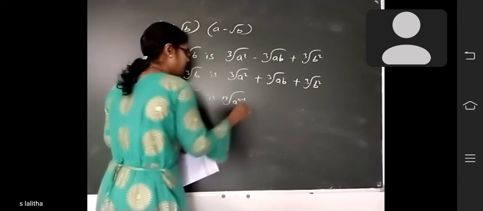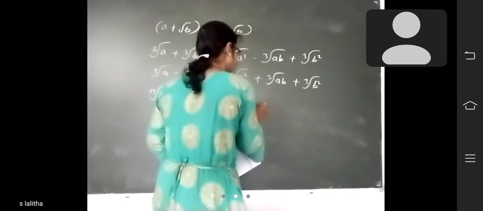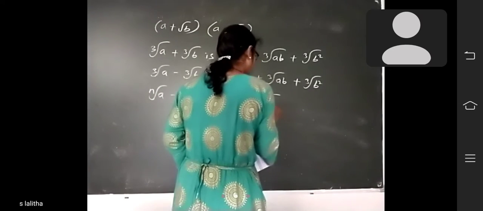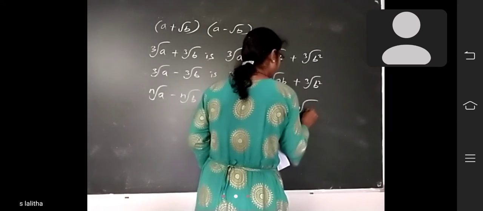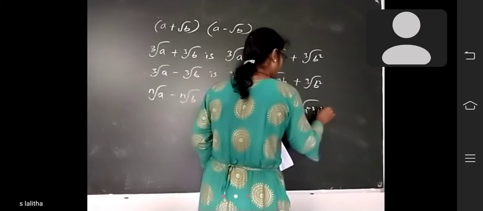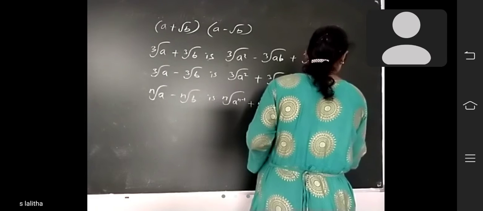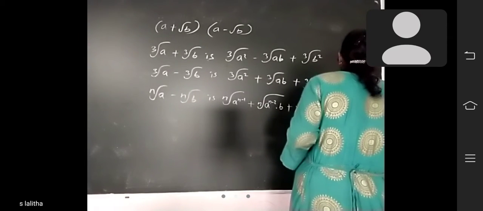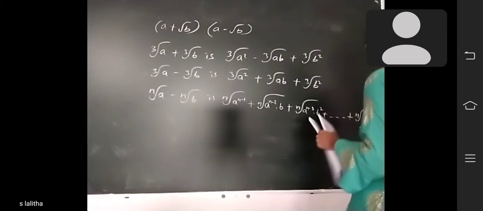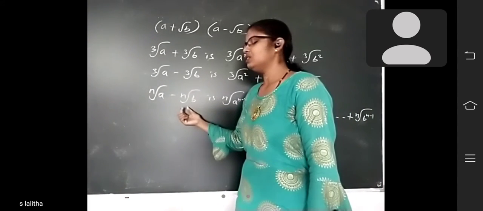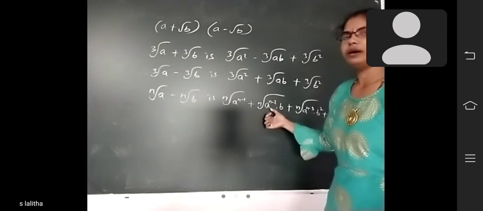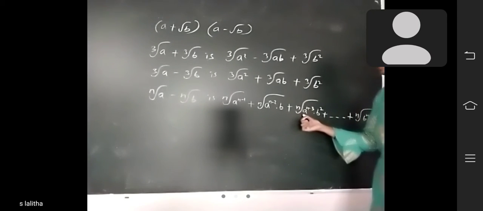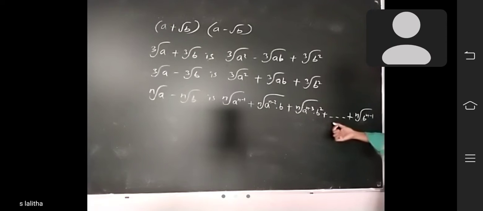Nth root of a power n minus 1 plus nth root of a power n minus 2 into b plus nth root of a power n minus 3 into b square plus so on plus nth root of b power n minus 1.